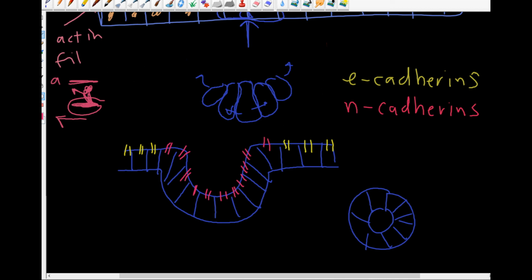It's going to pinch off when these cadherins bind with each other and form this right here. Above, what we're going to get is the remnant of the neural tube, and above that, an epithelial sheet, which is connected by those E-cadherins that we saw here.